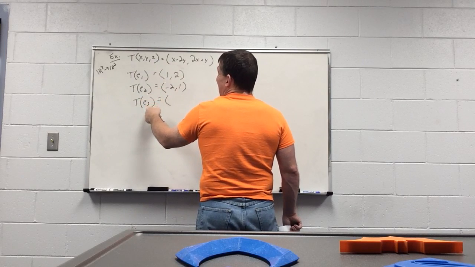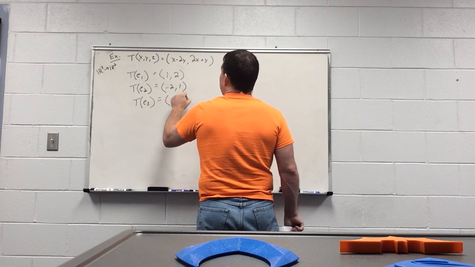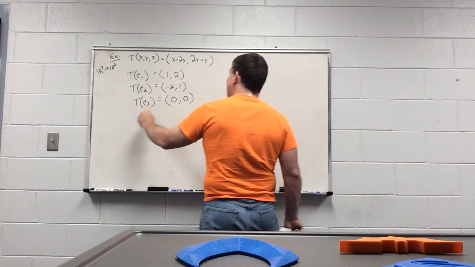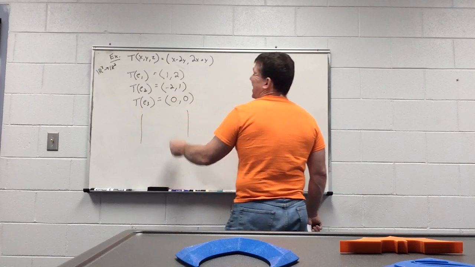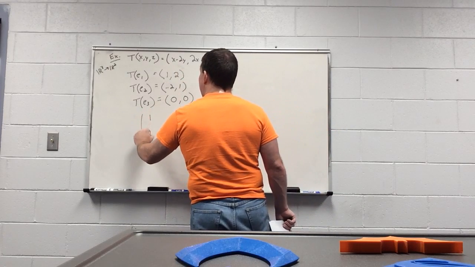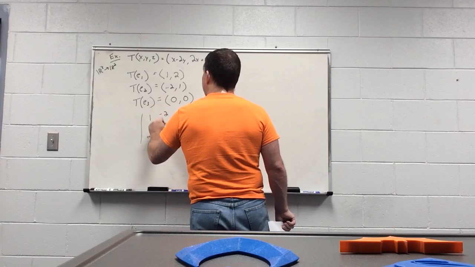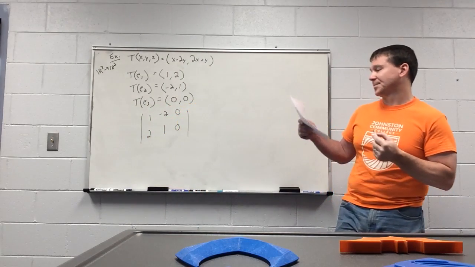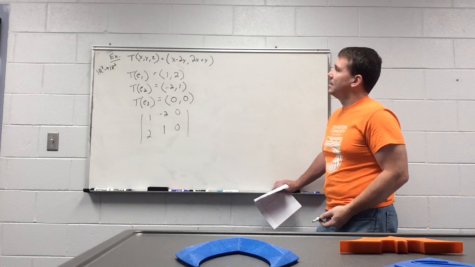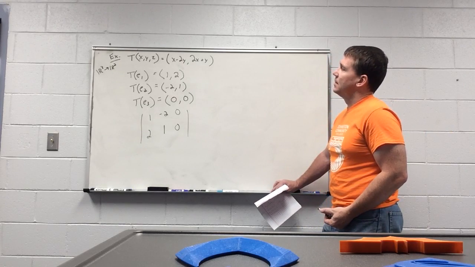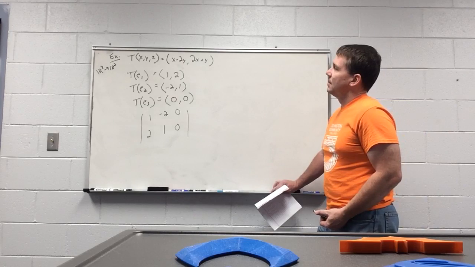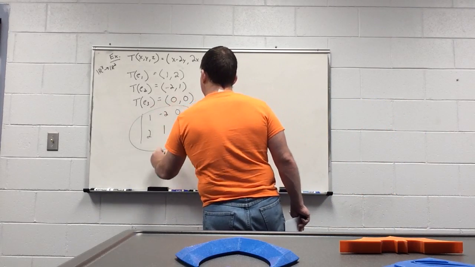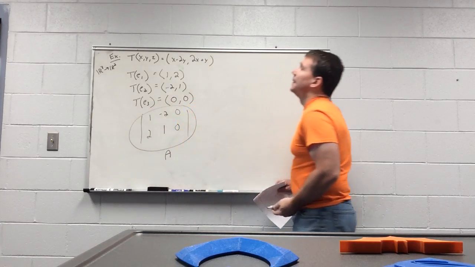Here, Z is 1, X and Y are 0. I get 0, 0. Now, I write these as column vectors, and I get 1, 2, negative 2, 1, 0, 0.